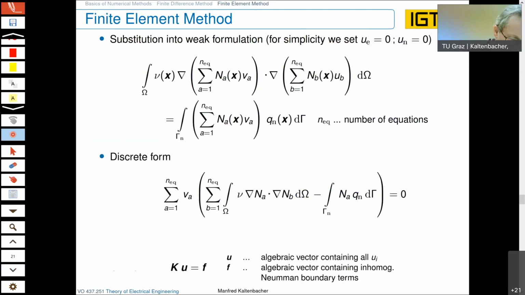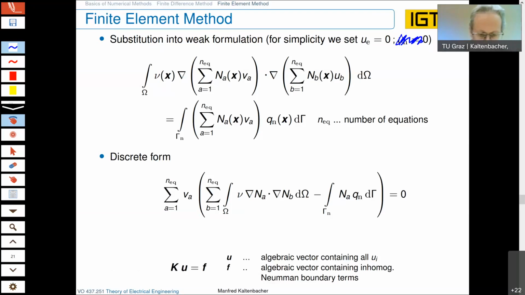There is just one additional point. So we assume that at all the nodes where we have a Dirichlet boundary condition, it is 0. Mechanically speaking, you fix there your cantilever or whatever. Or electrically speaking, for electric scalar potential, there you have grounded the electrode.